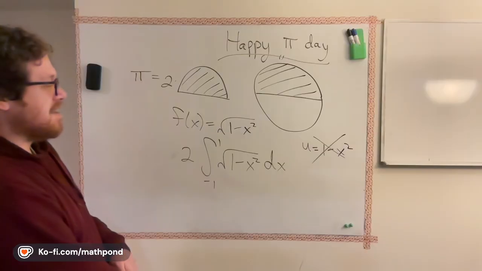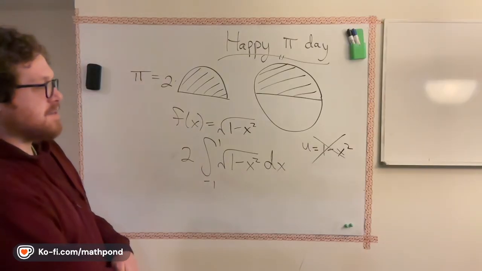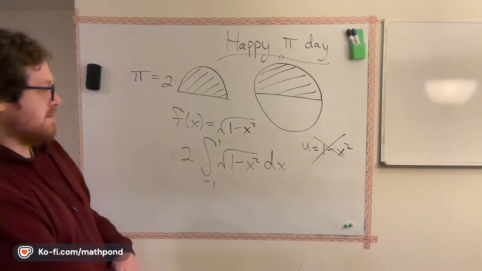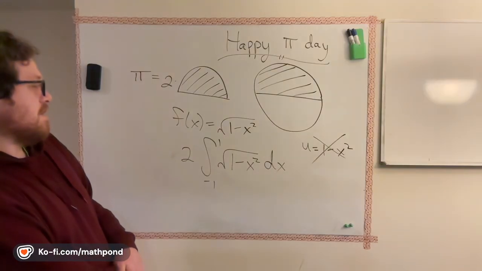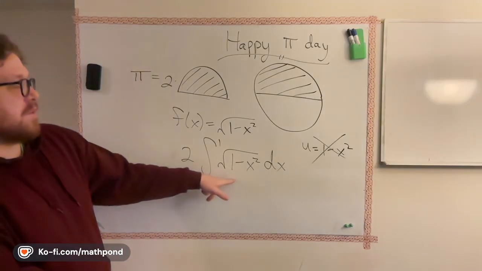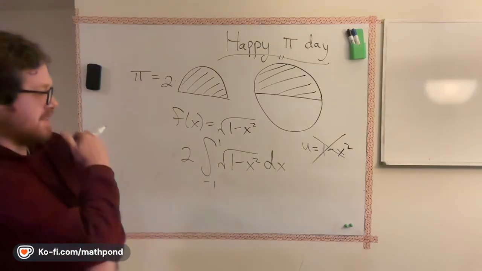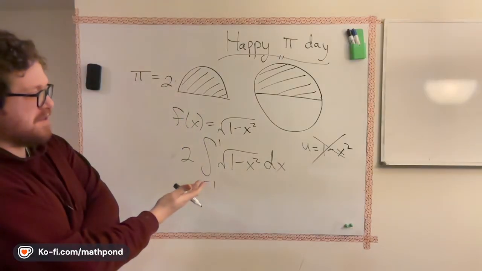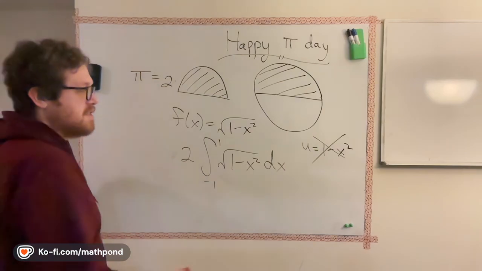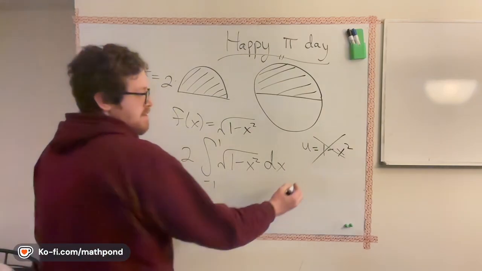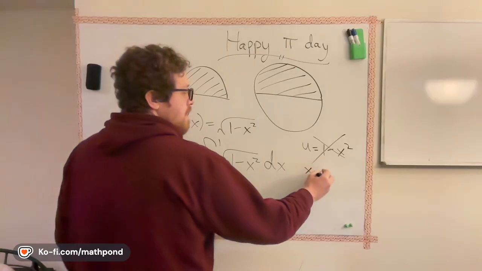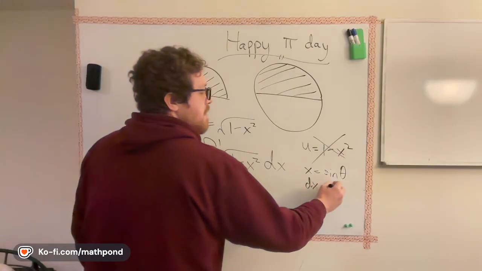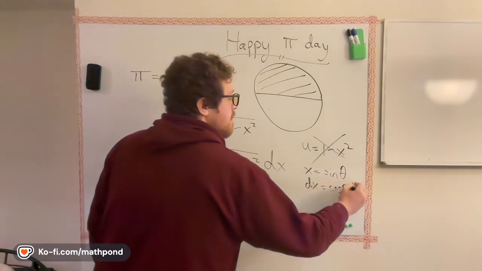So I think you can do x equals sine, is it? Or does it matter? Because I know 1 minus sine squared or 1 minus cosine squared should be the other one, right? Does it matter which one I pick? I guess it matters when you take dx. So let's just set x equal to sine theta. So dx is cosine theta d theta.